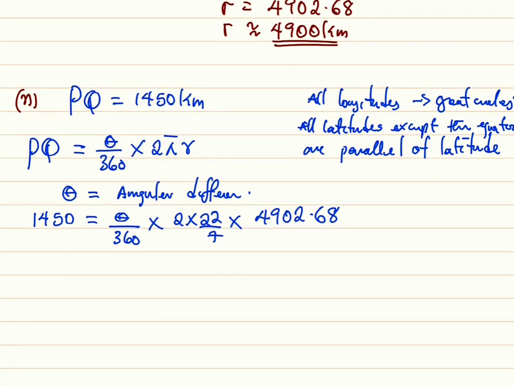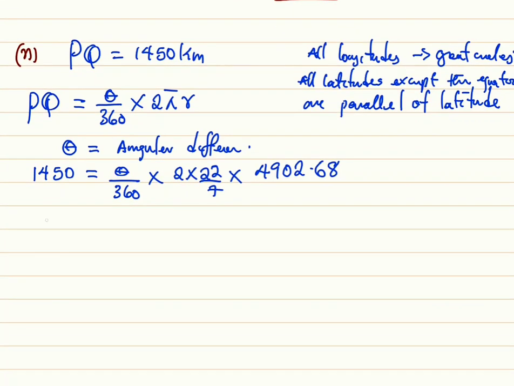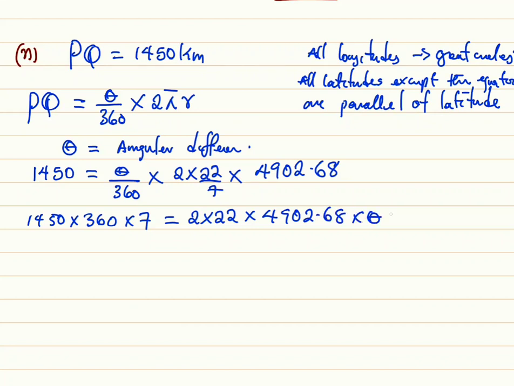Now, we can write this as 1450 times 360 times 7 equals 2 times 22 times 4902.68, then times theta.